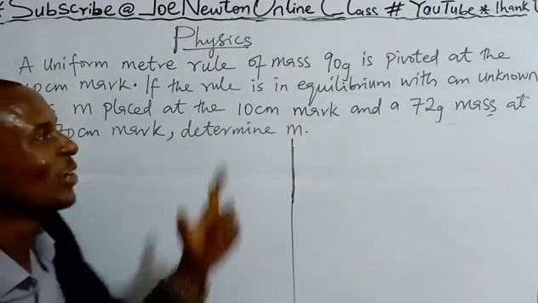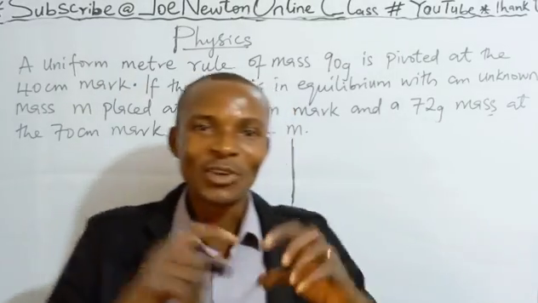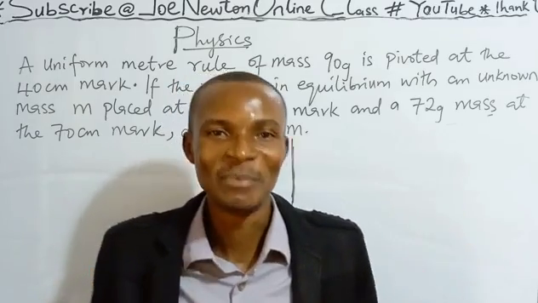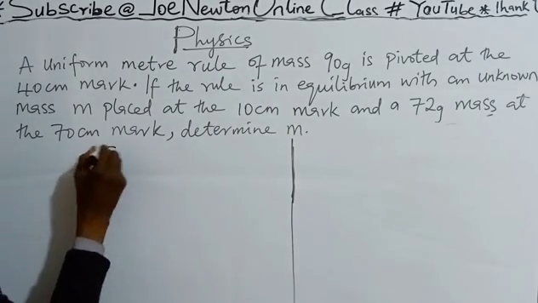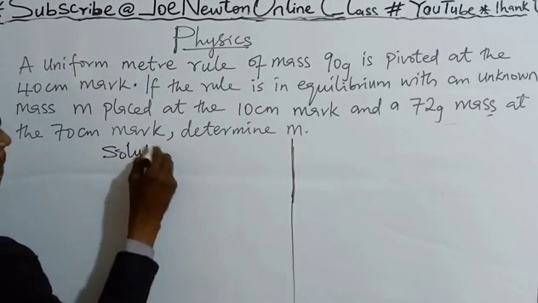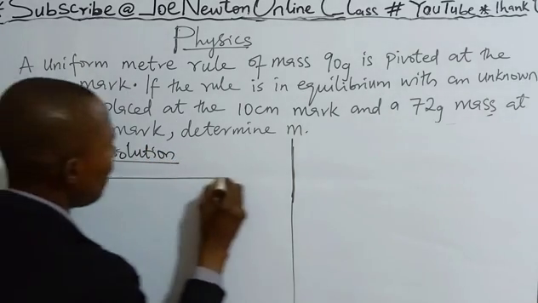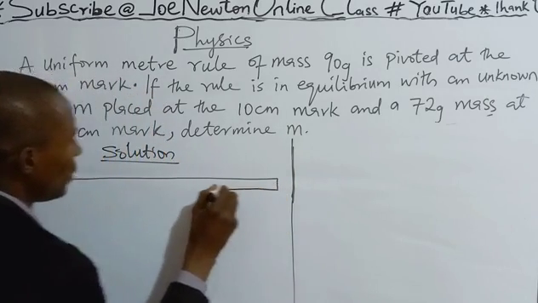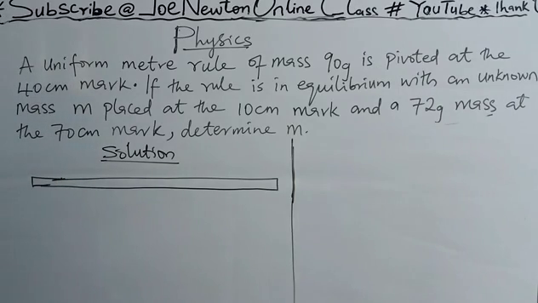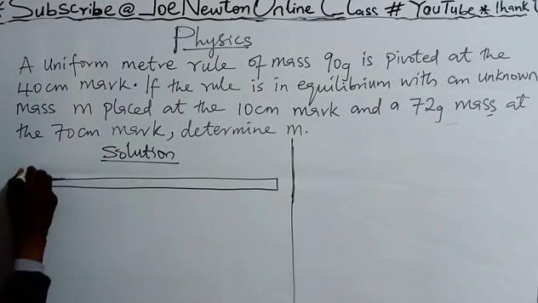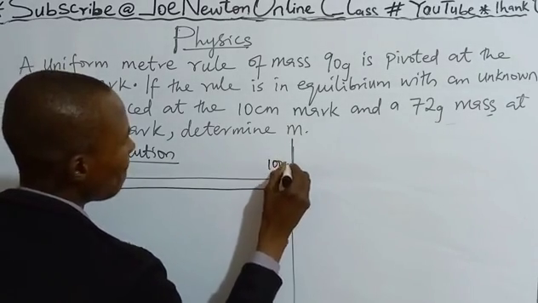Now, we are told that it is a uniform meter rule. Being a meter rule, it simply means that the length of that ruler is what? 100 centimeter, because 100 centimeter make 1 meter. Now let this represent our meter rule, so that here is the 0 cm mark, then here is the 100 cm mark.